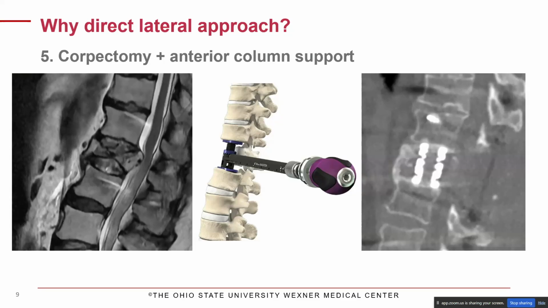You can get a really large footprint cage without having to navigate around the dura or the nerve roots. You can even achieve, in this case, a direct decompression from the lateral approach, including pulling the bone fragments away from the dura. I wouldn't ordinarily do this in an acute situation, but especially when this became chronic and progressive, this was a powerful tool to help him.